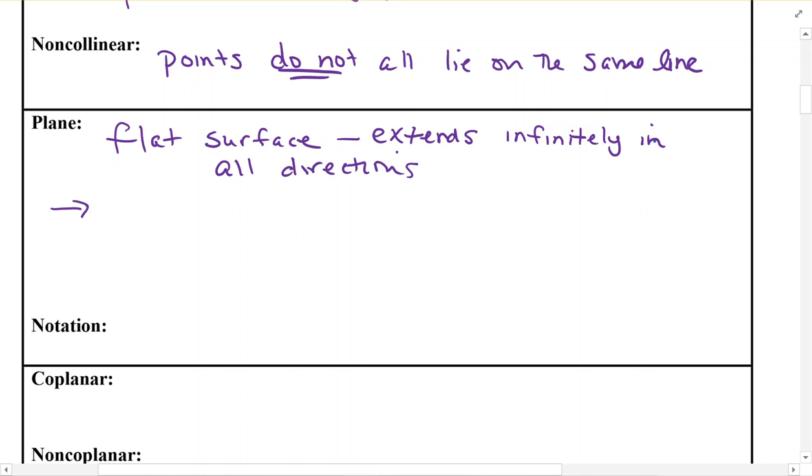And the thing to remember about how we define a plane is that through any 3 non-collinear points, there is exactly one plane.